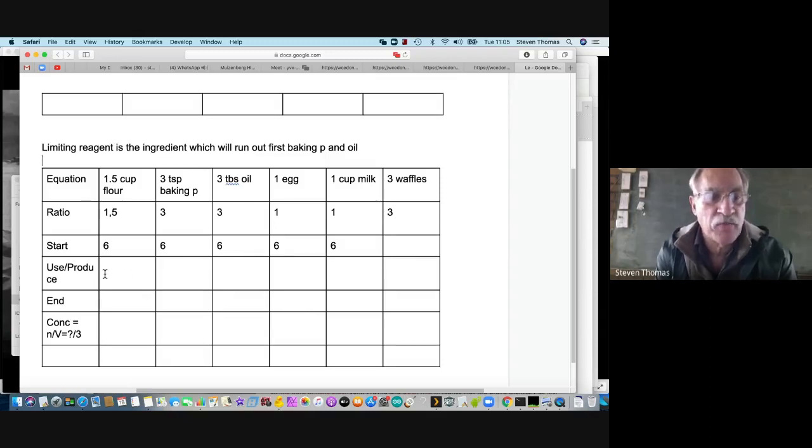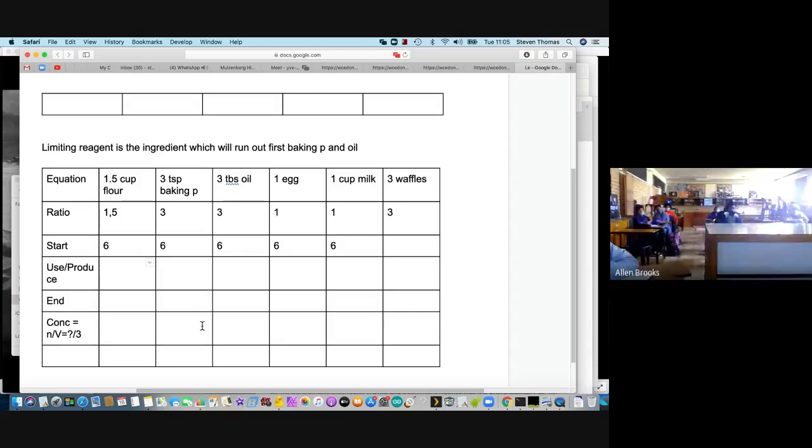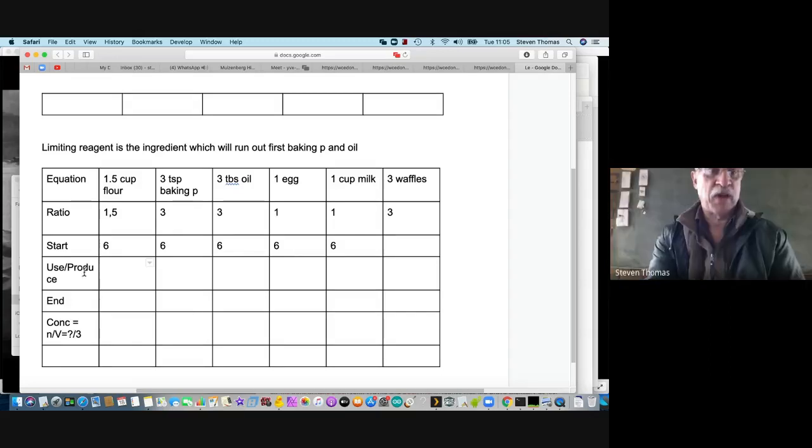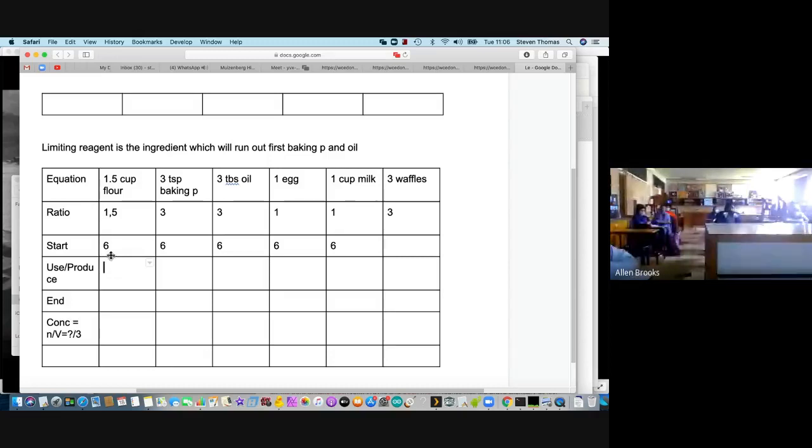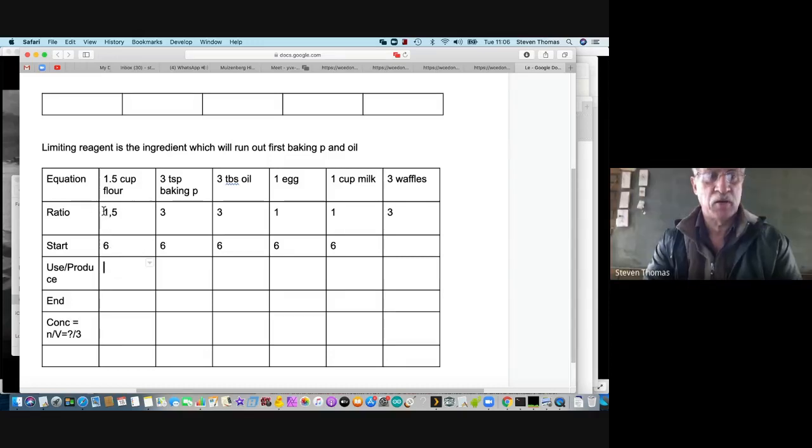So let's start with the flour. How much flour did I use, Ezra? Look at the recipe. 1.5.